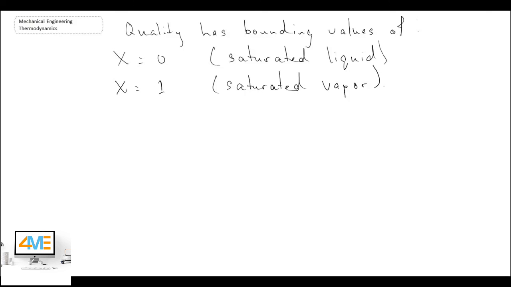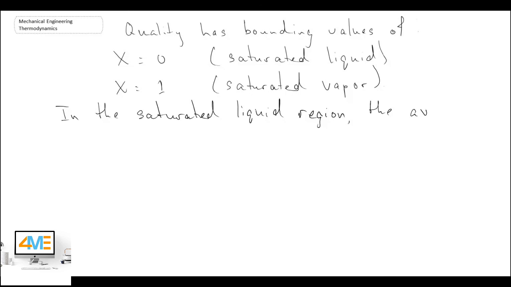So if we're in the two-phase region, what we do is we compute the average value of properties.